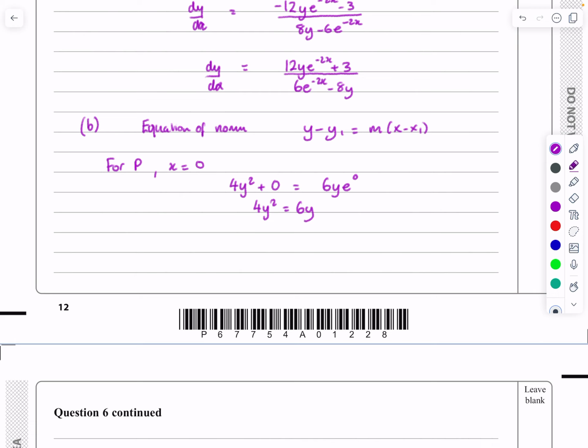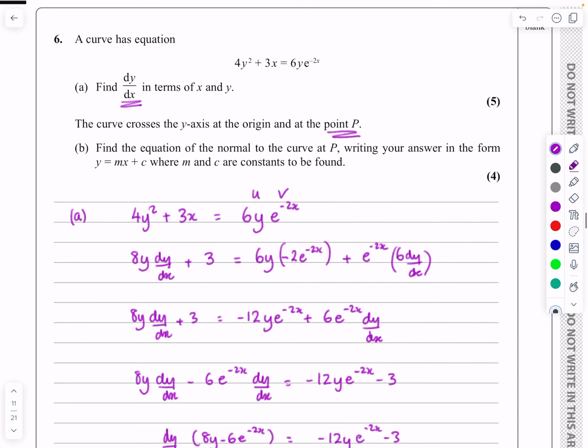Let's solve this. I'm going to get 4y squared minus 6y equals 0. Take 2y out as a factor there. I'm going to get 2y(2y minus 3) equals 0. So I'm going to get y equals 0 or y equals 3 over 2. Let's just explain what we're doing there.